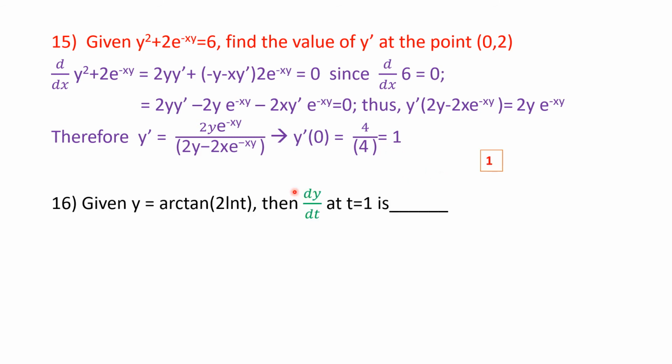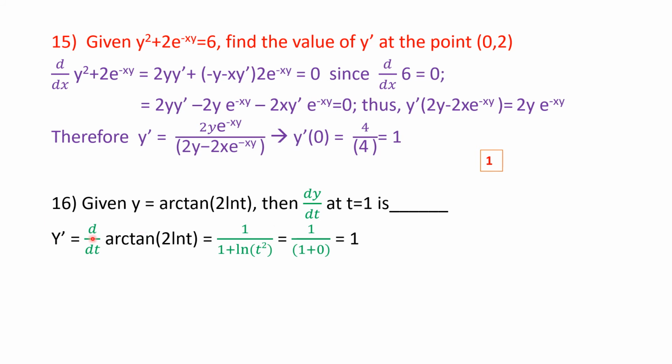Next question, we're given y equal to arctan of 2 ln of t. Then dy by dx at t equal to 1 equals, so we have to figure it out. So we could just go ahead and do the derivative.